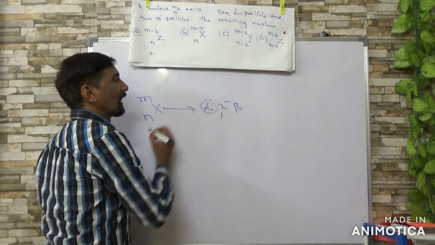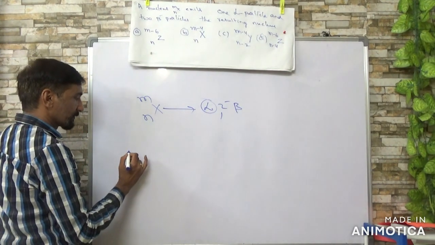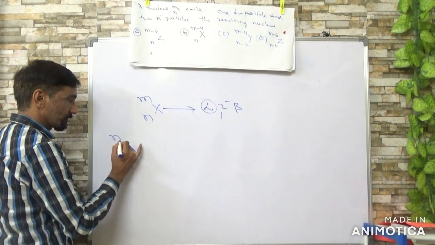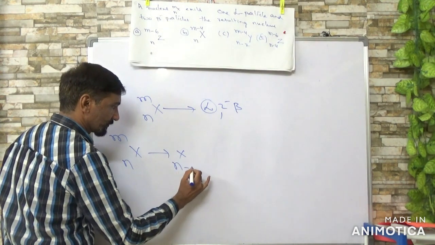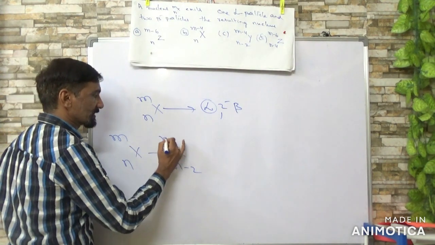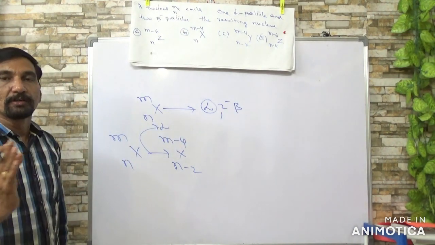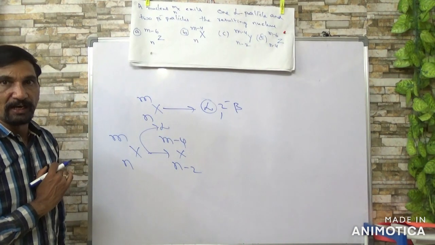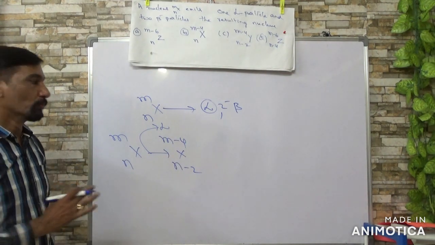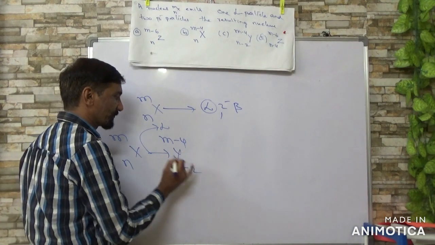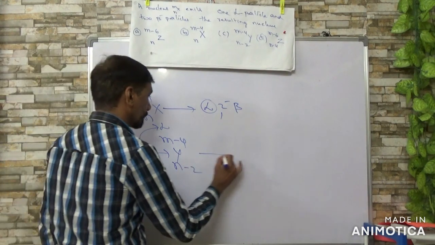Remember, whenever alpha decay takes place, number wise 2 is subtracted and mass wise 4 is subtracted, because you know an alpha particle means a double positive helium ion. So that is why mass wise 4, number wise 2. Some other element, say Y. Followed by it, they are saying 2 beta decays.